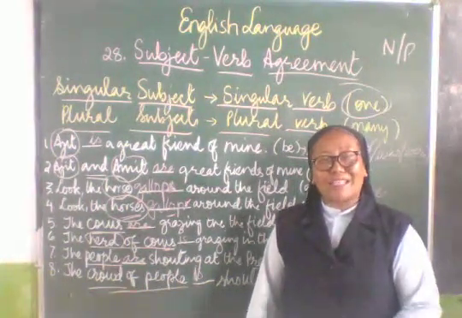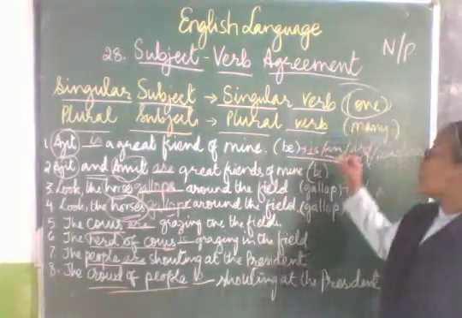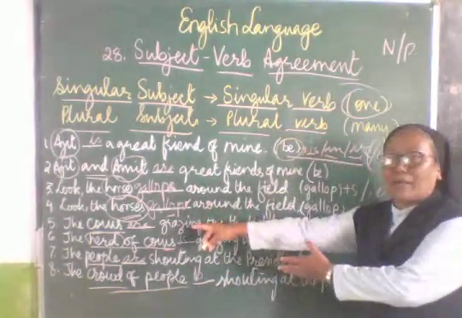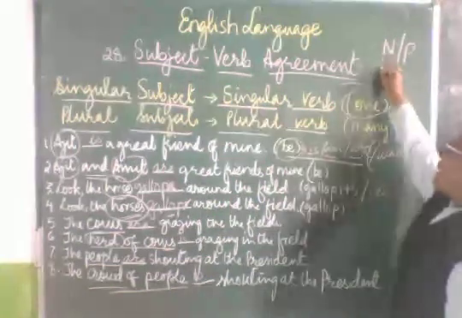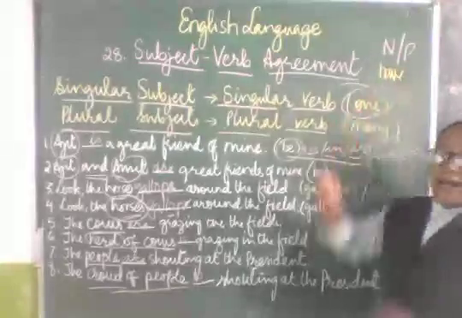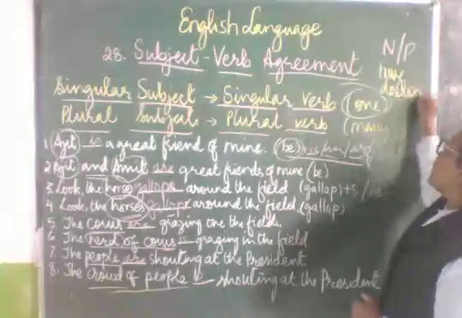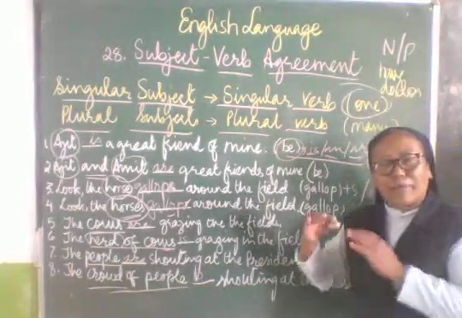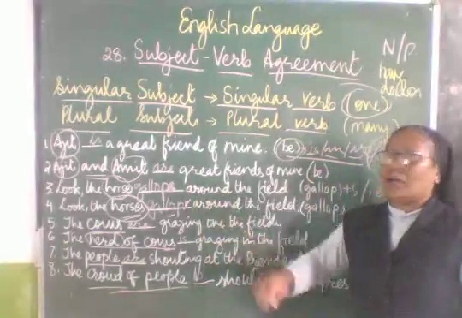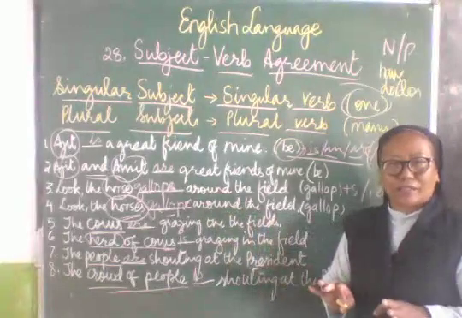Remember the helping verbs, the auxiliary verbs that we use. The be form of the verb, which I have been helping you with, is used along with the main verb. I have also told you have, has and have, and then do, does. These three sets of helping verbs you need to remember, because you need them often while you are agreeing with the subject.